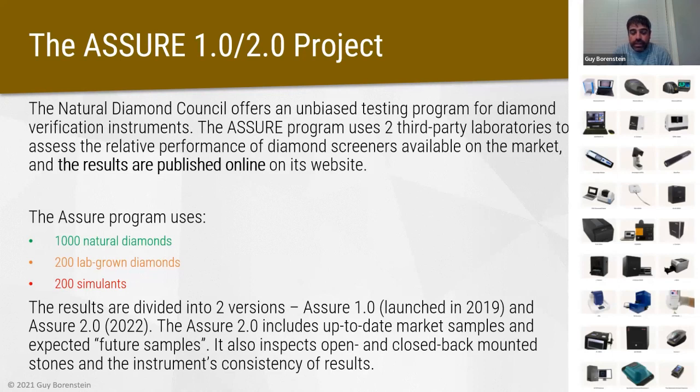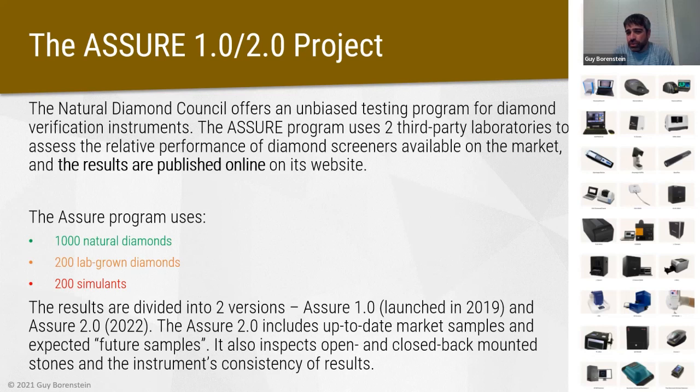They are testing these machines against 1,000 natural diamonds of different types and subtypes, 200 lab-grown diamonds, and if the manufacturer claims that the machine also works on simulants, it's also tested against 200 simulants.